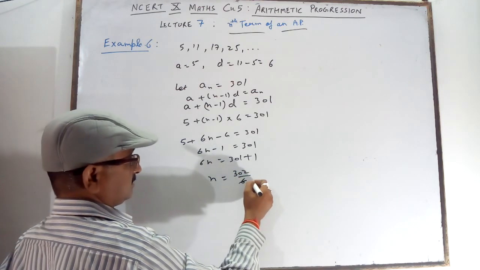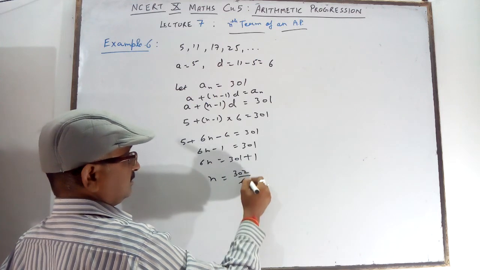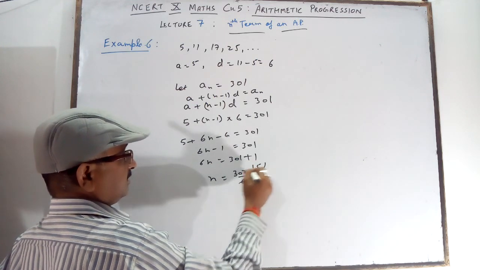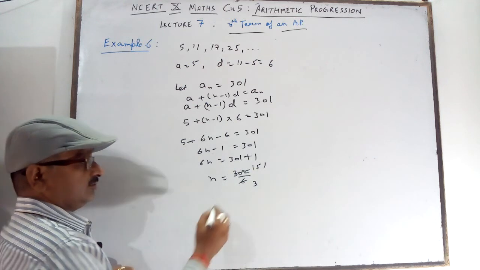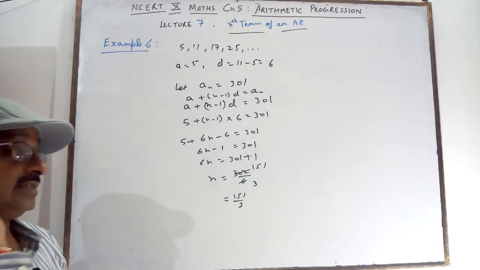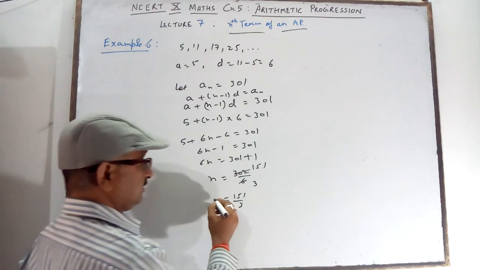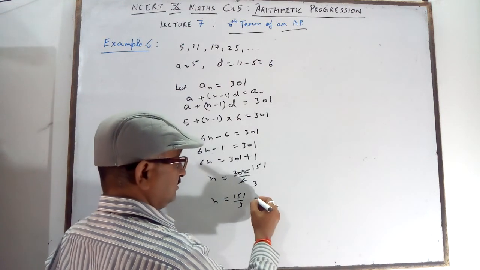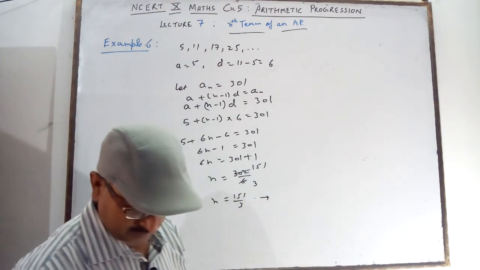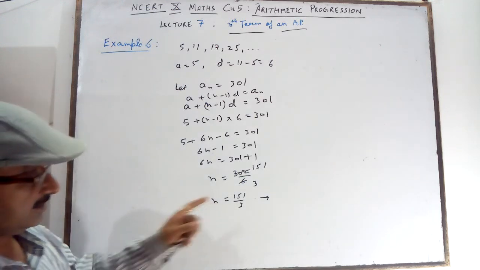Dividing, we get 151 upon 3. n is the number of the term, and you are getting n in the form of a fraction. So why is it not possible? Because you are getting a fraction.